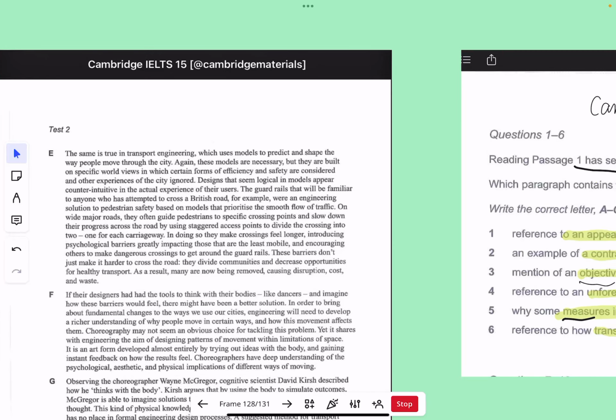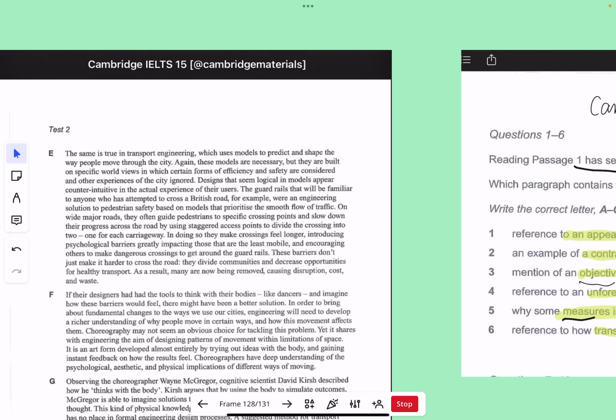Same is true in transport engineering, which uses models to predict the shape of the people move through the city. Again, these models are necessary, but they are built on specific worldviews in which certain forms of efficiency and safety are considered, and the others experiences of the city ignored.